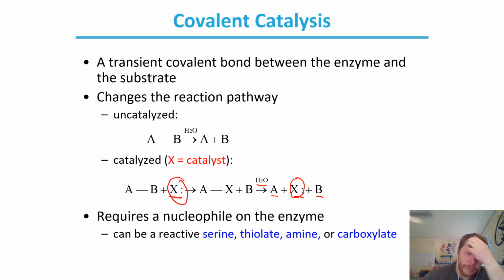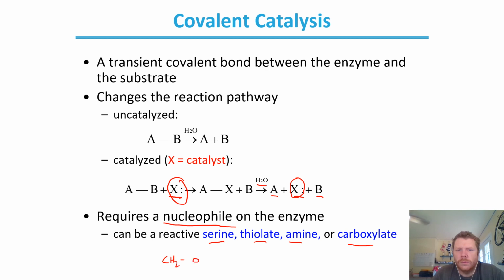So what's important about this is that we're going to require a nucleophile on the enzyme. Now, amino acid residues that serve as very good nucleophiles are serines. You could have a thiolate, an amine, or a carboxylate. Okay, so if you had a serine, think about what that R group looks like.